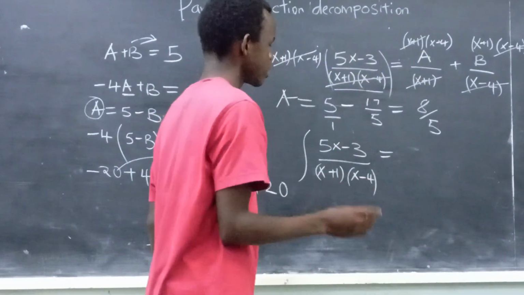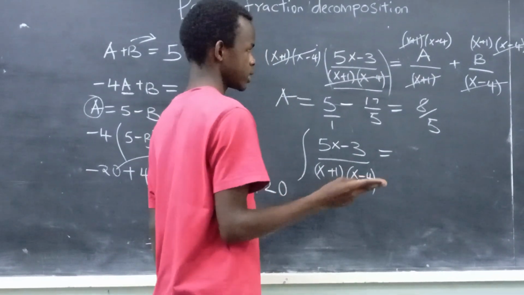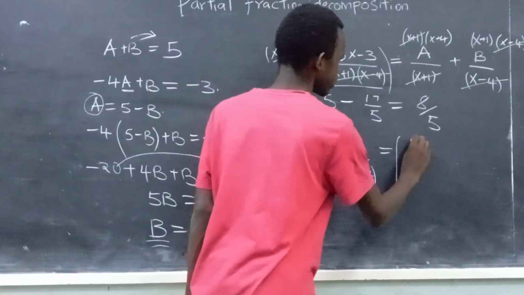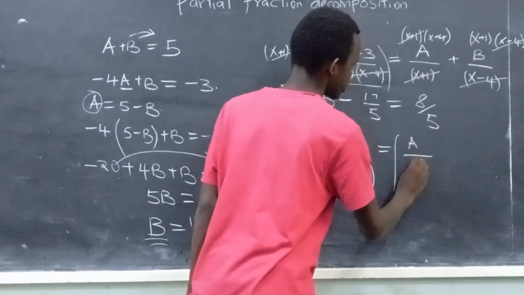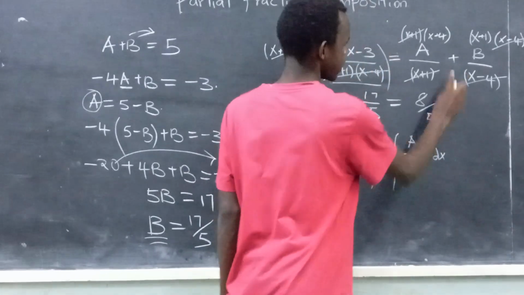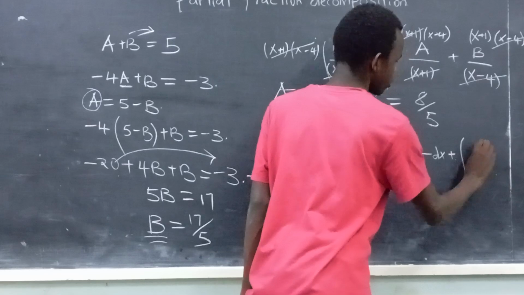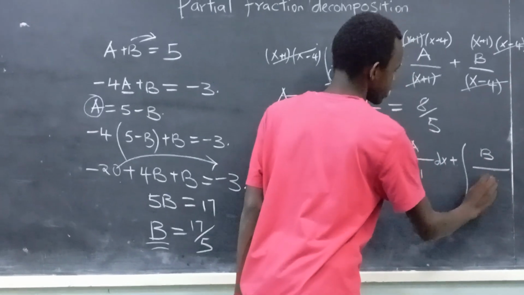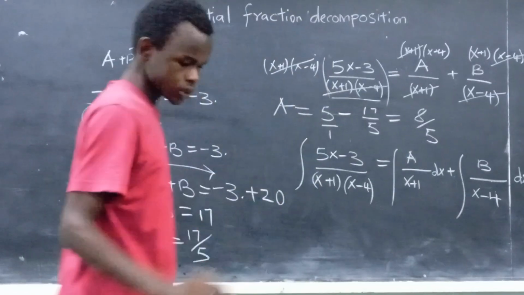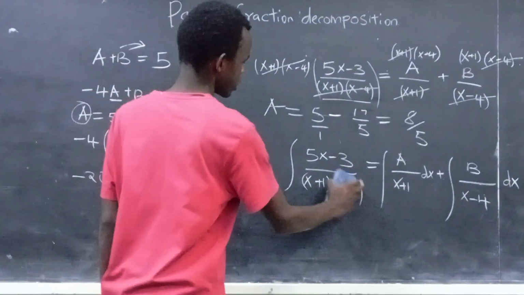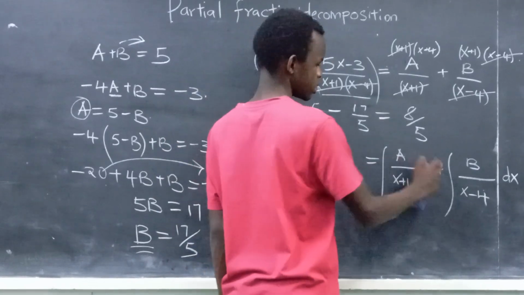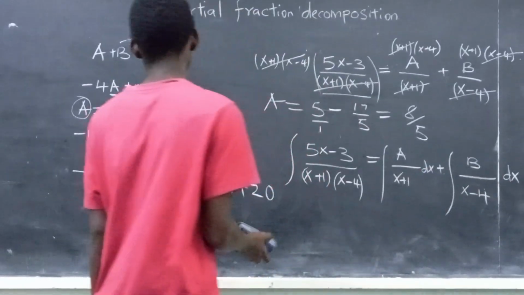So I'm splitting the integral into two. I'll find the integral of a divided by x plus 1 dx. Then I'll add again the integral of b divided by x minus 4 dx. Right? So this is what we'll be evaluating. So we were given this, yes, but we have decomposed that to this. So this is the integration that we'll be performing.